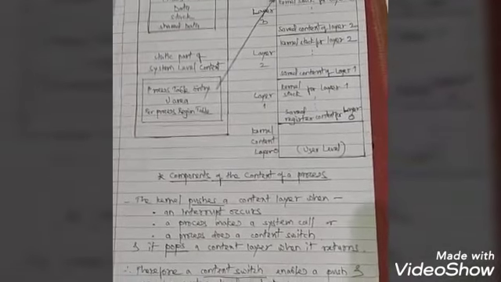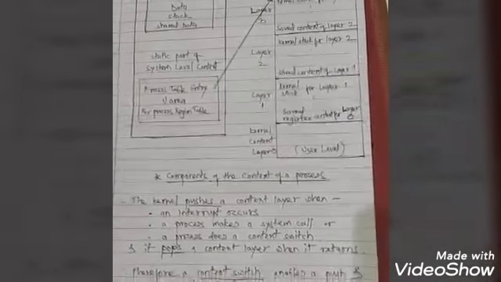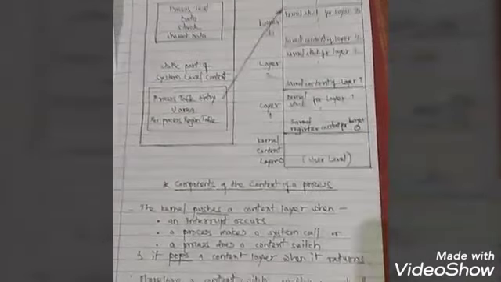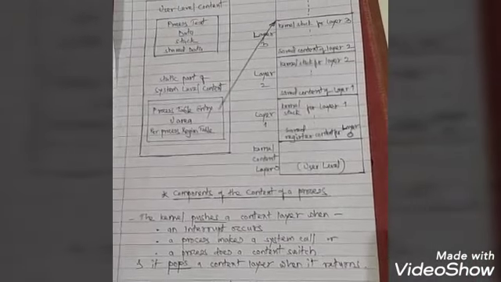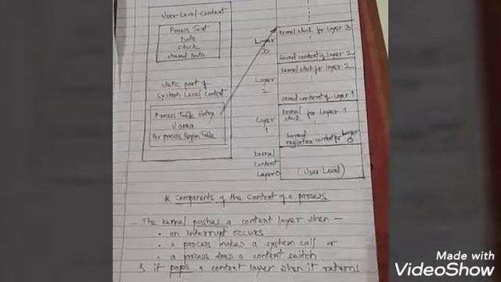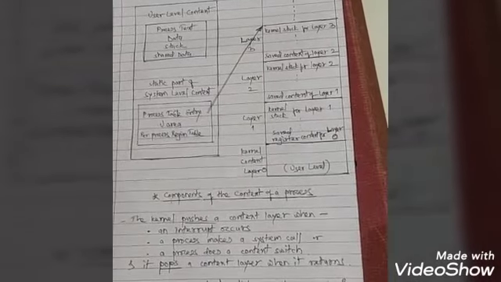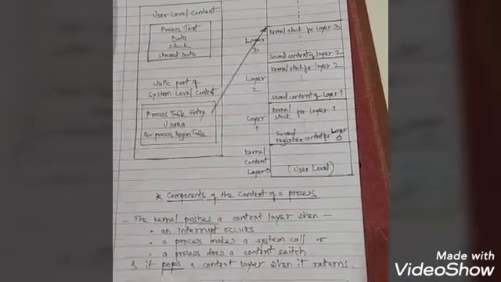Now, looking at the diagram, we can say the kernel pushes a context layer, that is, it adds one more layer onto the kernel stack, in the following cases. When an interrupt has occurred while a process is executing, it pushes the next layer. Another case is when a process makes a system call, moving from user mode to kernel mode, or when a process does a context switch.